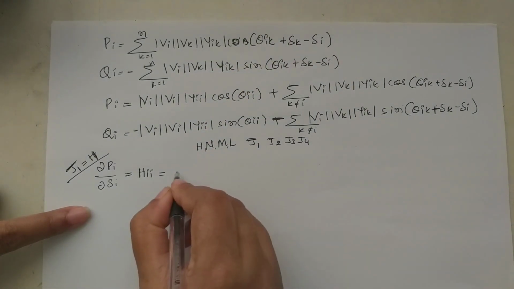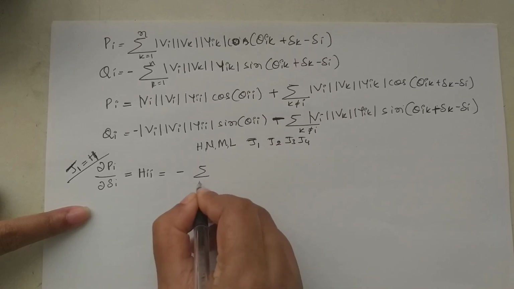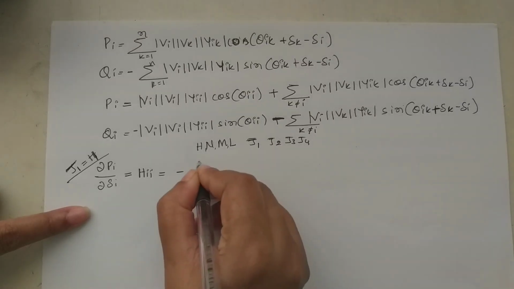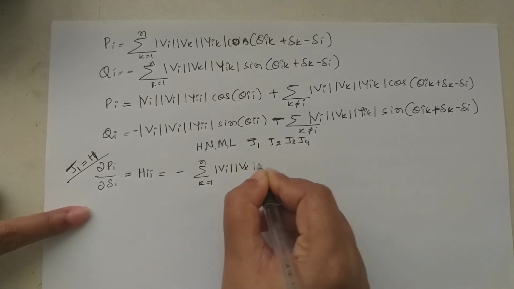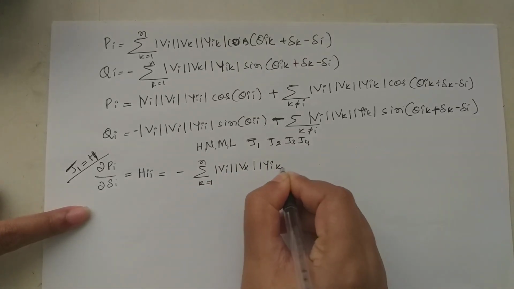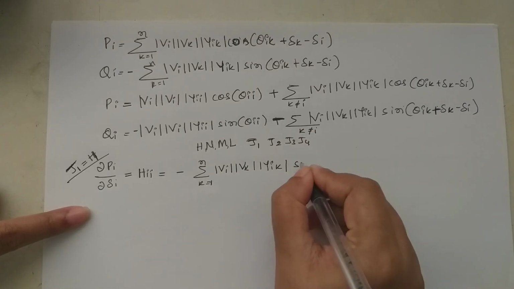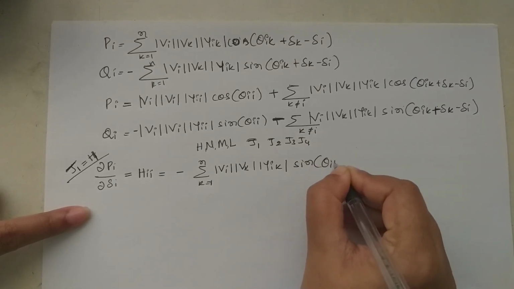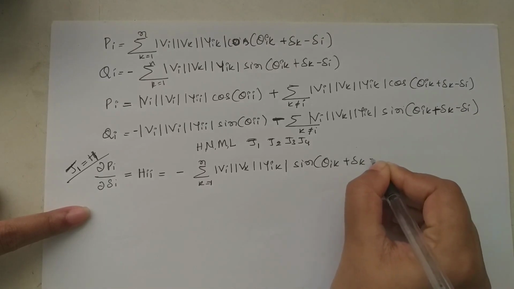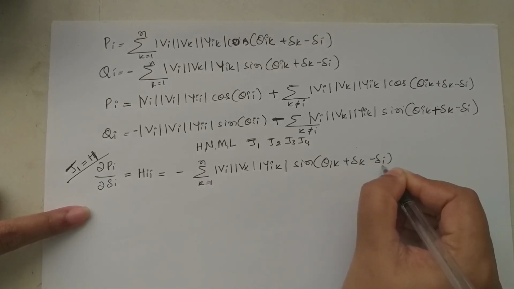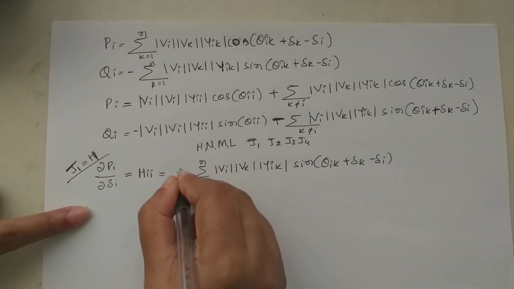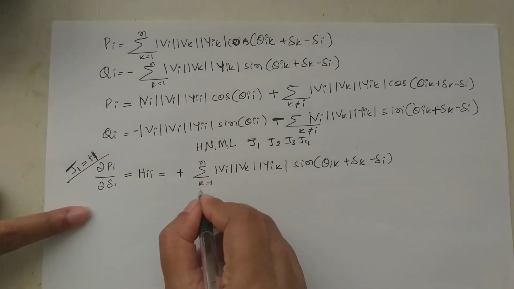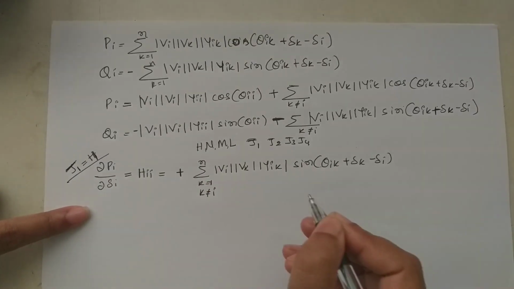So it becomes minus summation k equal to 1 to n Vi Vk Yik sin(theta_ik + delta_k - delta_i). We are differentiating with respect to delta i. The coefficient of delta i is minus 1, so minus into minus would be plus, but here k is not equal to i.